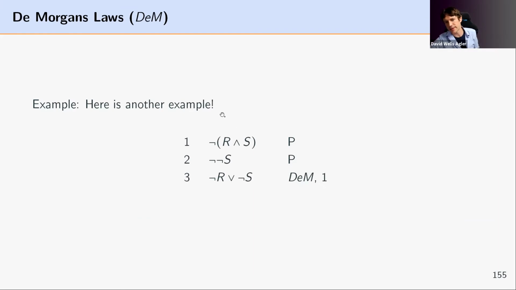Here's another example. We have a negated conjunction at line 1. Whenever you see a negated conjunction or negated disjunction, you should say to yourself, maybe I should use DeMorgan's laws. It's a rule that allows me to get at formulas that I can actually do something with. So if we use DeMorgan's laws on line 1, it gives us not R or not S. And this is a formula that we can do something with.